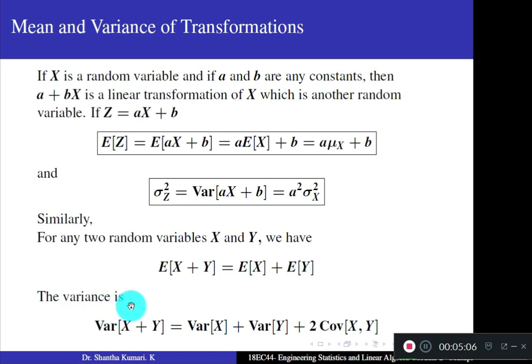And variance of x plus y is given by variance of x plus variance of y plus 2 into covariance of xy. Remember this formula. You can prove this starting from the variance formula by expanding it, but I am directly giving this as a formula here.